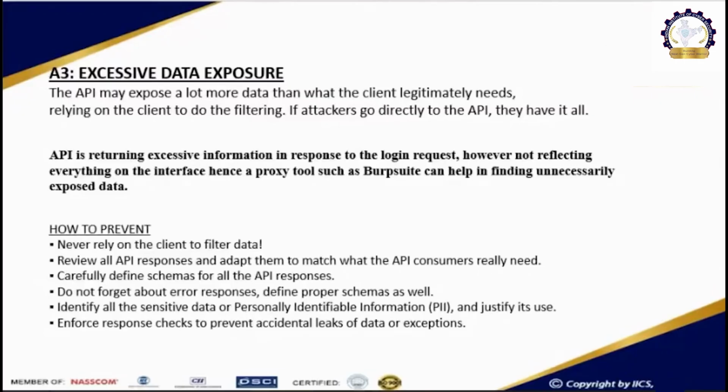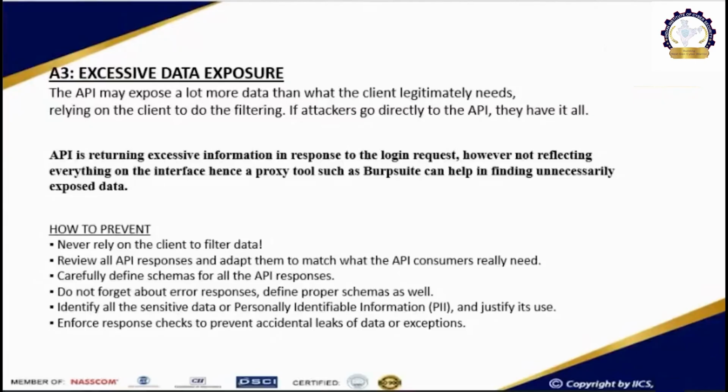If an API consumer needs only a specific content of some resources, he should only get that, not more than that. Next we have carefully defined schemas. We have to define schemas, since APIs work at different levels with different schemas. So when the call has been made, it should not fetch data from other schemas.